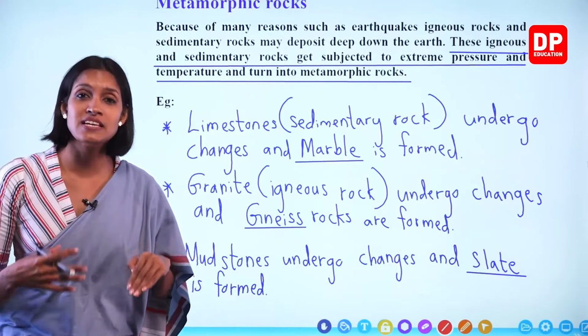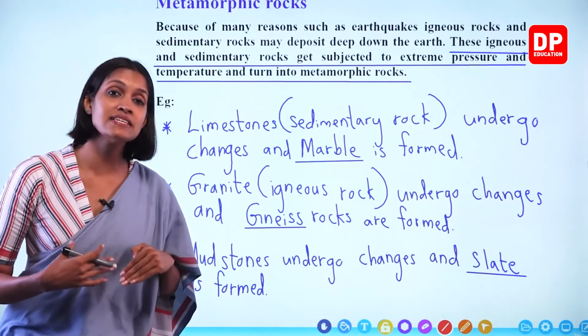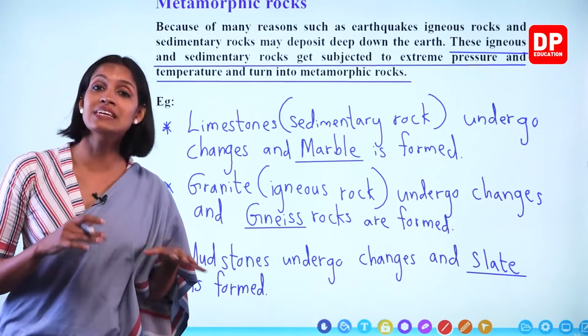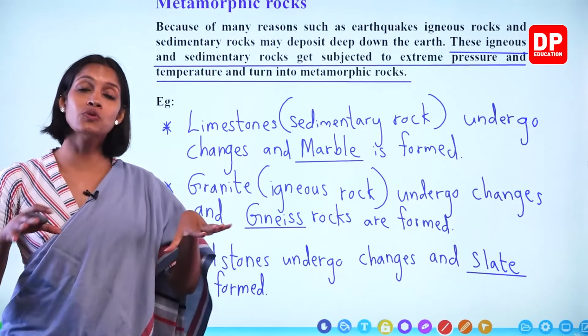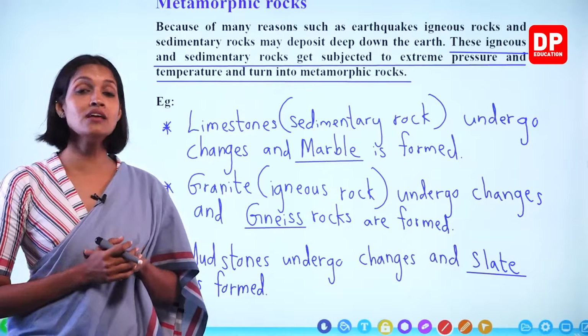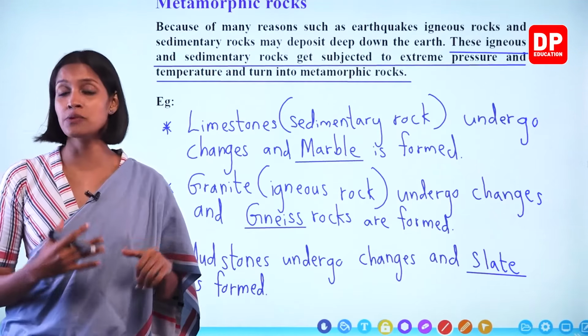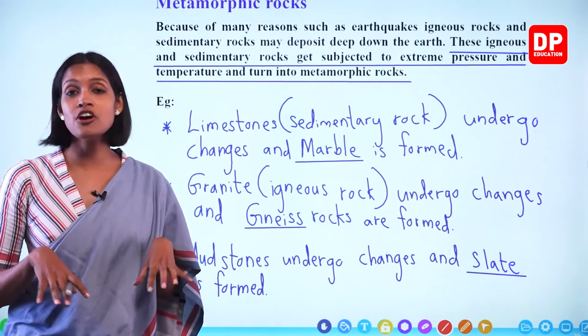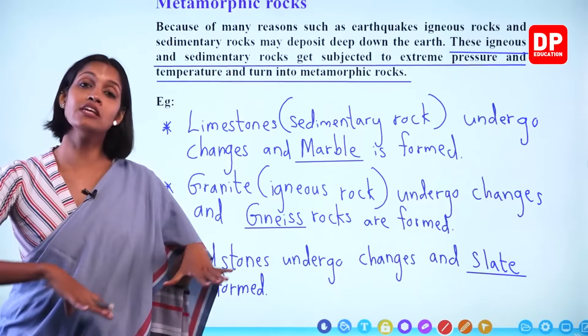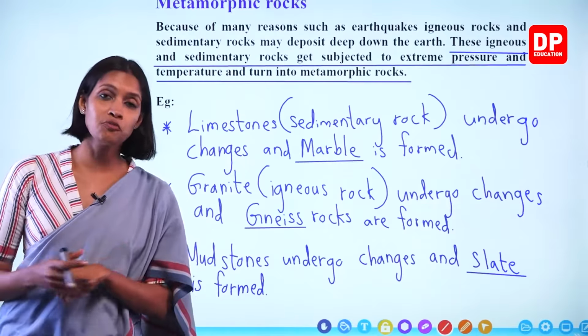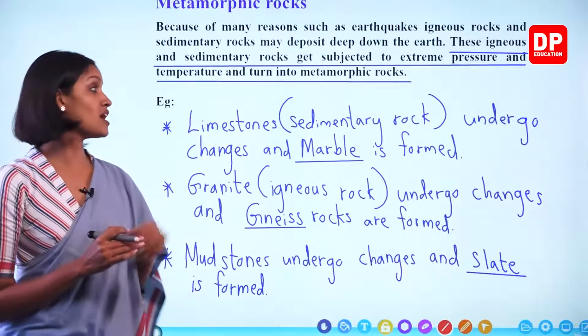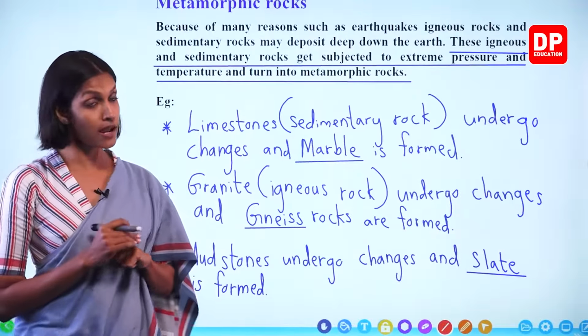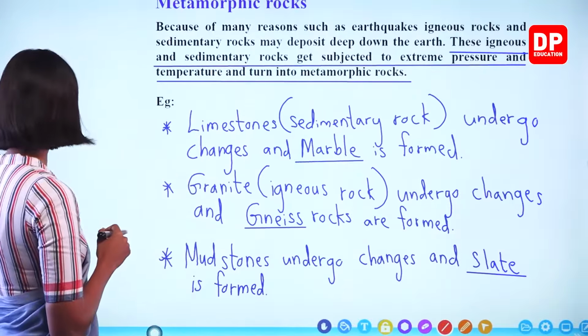Due to different reasons like earthquakes, what happens? Igneous and sedimentary rocks go into the inner parts of the earth, and because of high temperature and pressure, these rocks undergo changes and a new form of rocks called metamorphic rocks is formed. We learned examples here also. Right? We'll move on to the next.